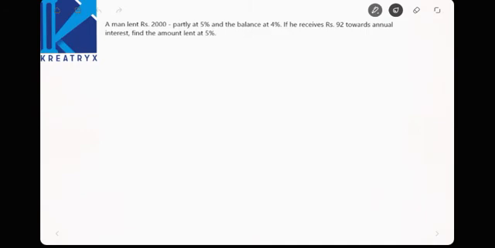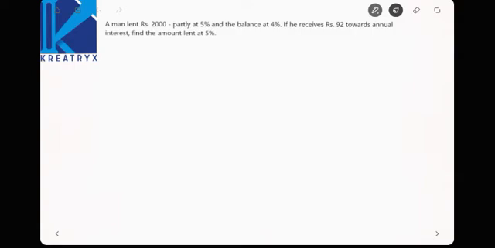Next question. A man lent rupees 2,000 partly at 5% and the balance at 4%. If he receives rupees 92 towards annual interest, find the amount lent at 5%. So in that 2000 rupees, some part is given at 5% interest rate and some part is given at 4% interest rate.